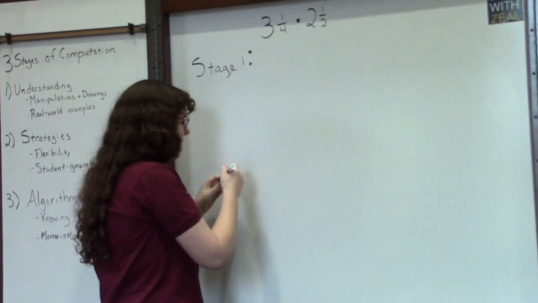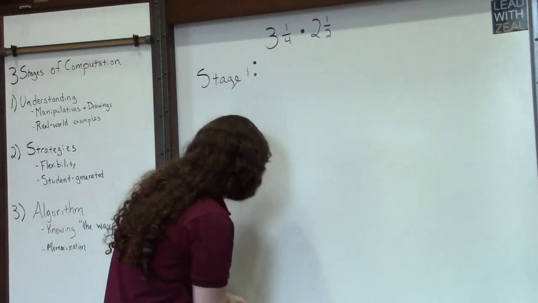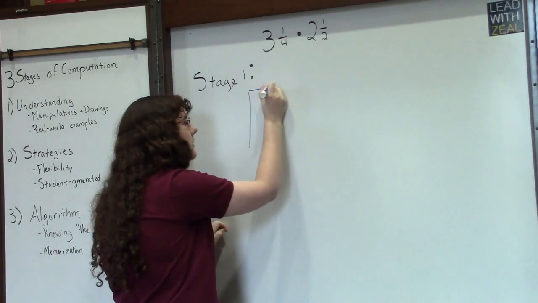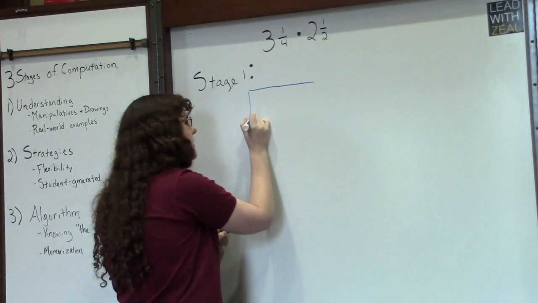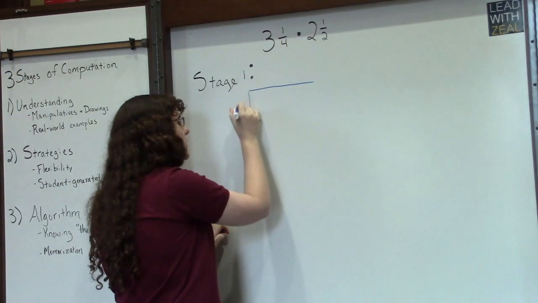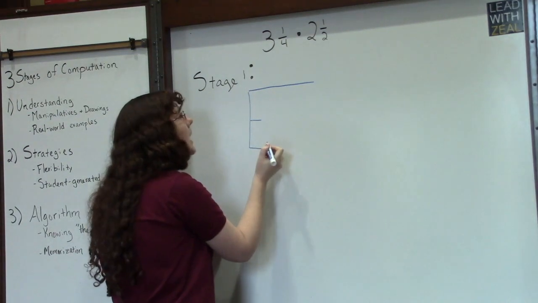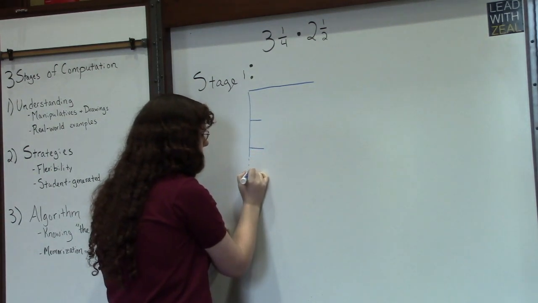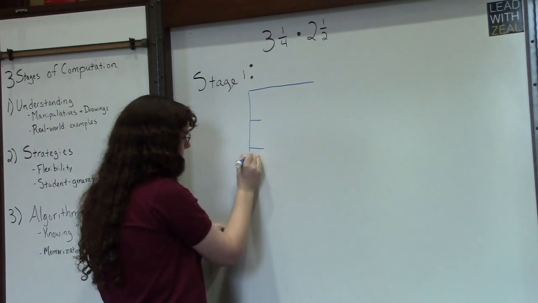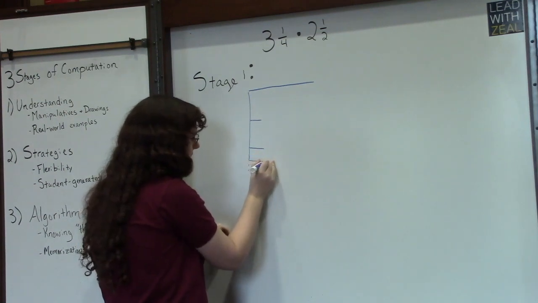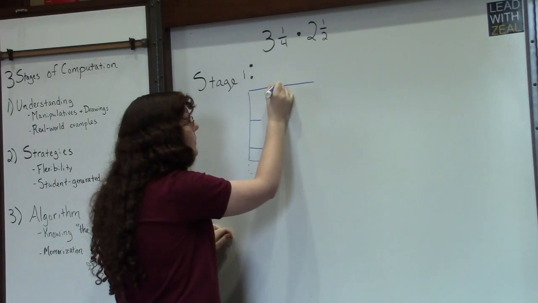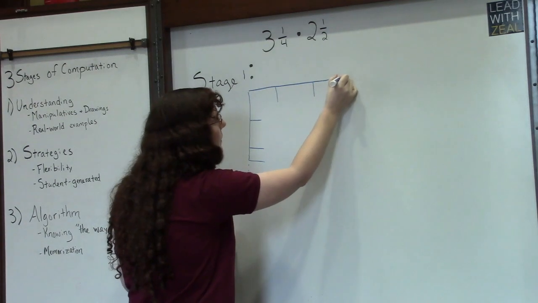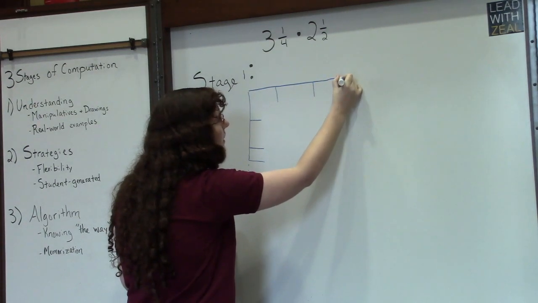You can draw some pictures. What if you drew the board out and you knew that the board was 2.5 feet this way? So 2 feet would be that much, 1/2 foot would be there, and that it was 3.25 feet the other way.